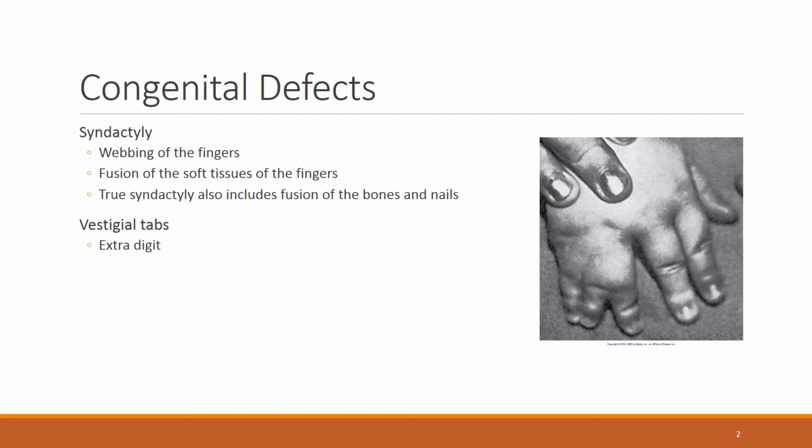Vestigial tabs are the presence of extra digits, and most of the time they will be surgically removed, not because they are functionally disabling, but because they may present some kind of cosmetic concern for the child in the future.